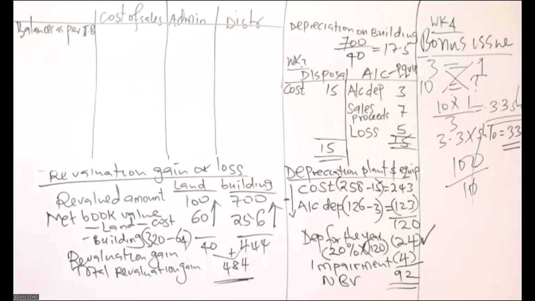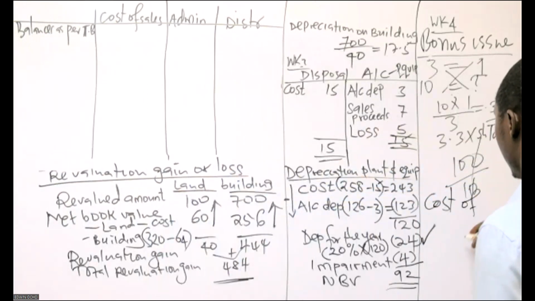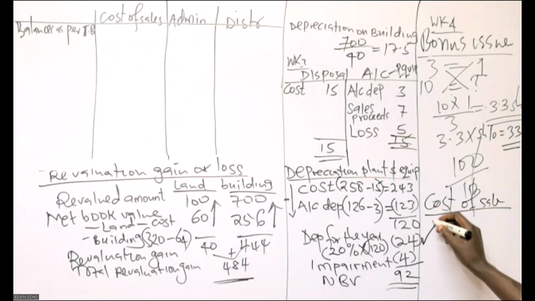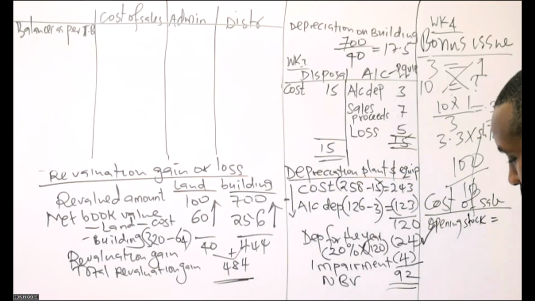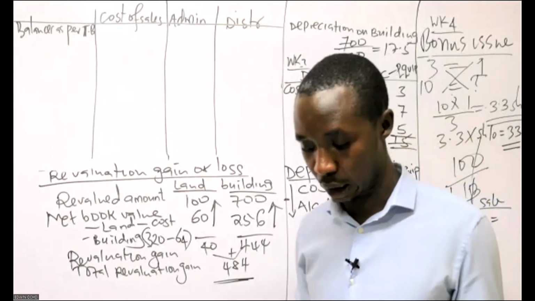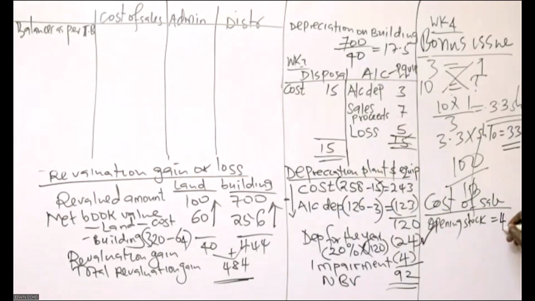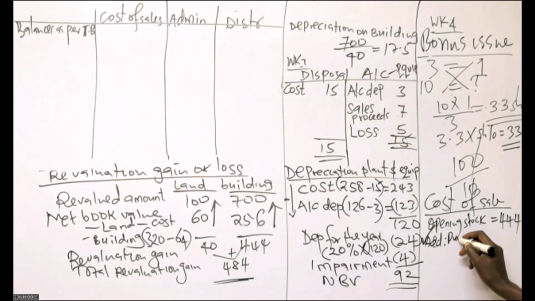So are you provided with the cost of sales? If you are not given the block figure, you do it. You know what you have to do. Cost of sales is equal to what? Opening stock. If you check from the trial balance, there's an inventory as at 1st January 2014, which is 444. We had purchases. Purchases again is in the trial balance and it totals to 1669, if I'm not wrong.